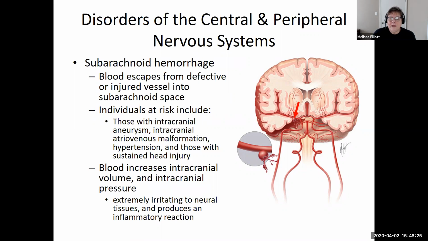Blood is going to increase the intracranial volume and the intracranial pressure, and this is going to become irritating to the brain tissue. When this does, it produces an inflammatory response and then all of the steps of inflammation that occur, and this can lead then to the hemorrhage that will happen and cause the leakage into the subarachnoid space.